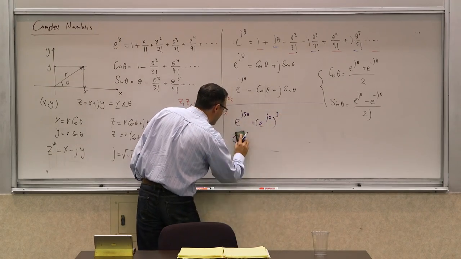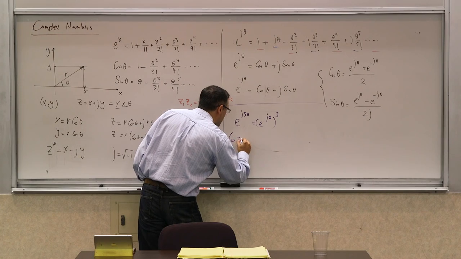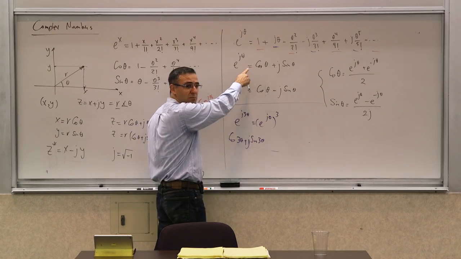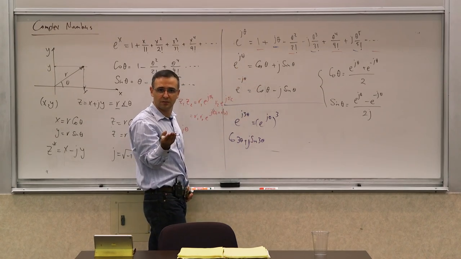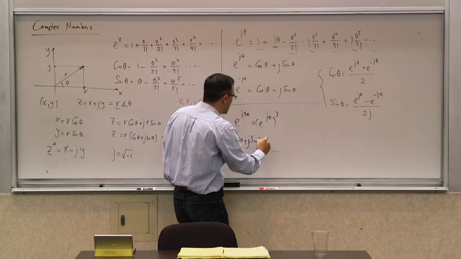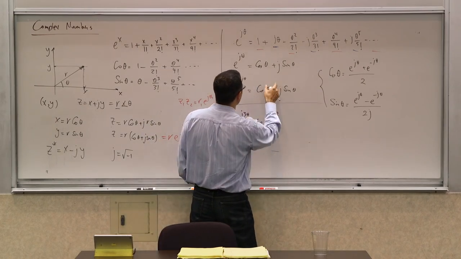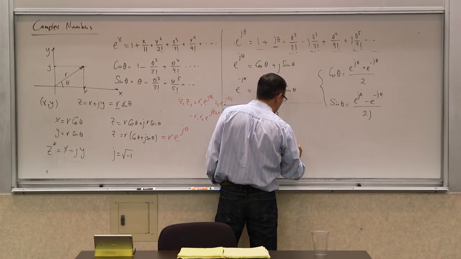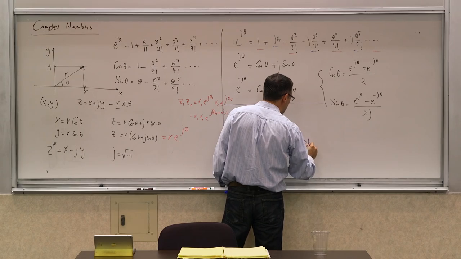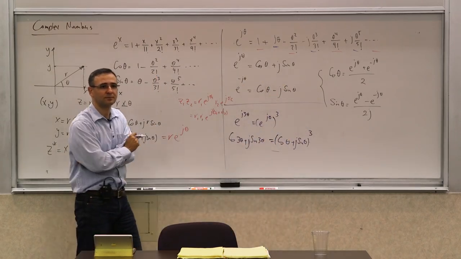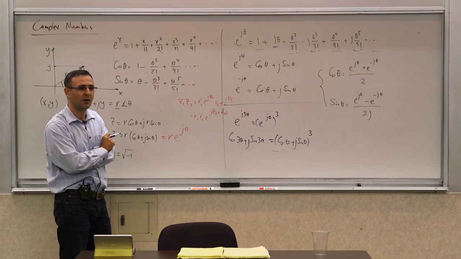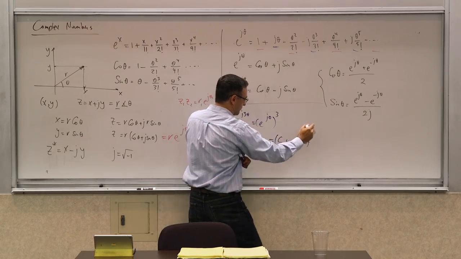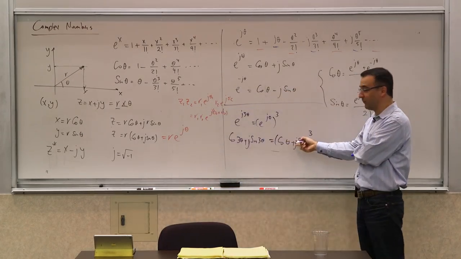So this left-hand side is cosine of 3 theta plus j sine of 3 theta. You agree, right? I just replaced theta with 3 theta. Agreed? Now the right-hand side: I'm going to use this inside the parentheses first. Cosine of theta plus j sine of theta to the power of 3. So I plug this into this guy and got it to the power of 3. Now hopefully I know how to calculate this.